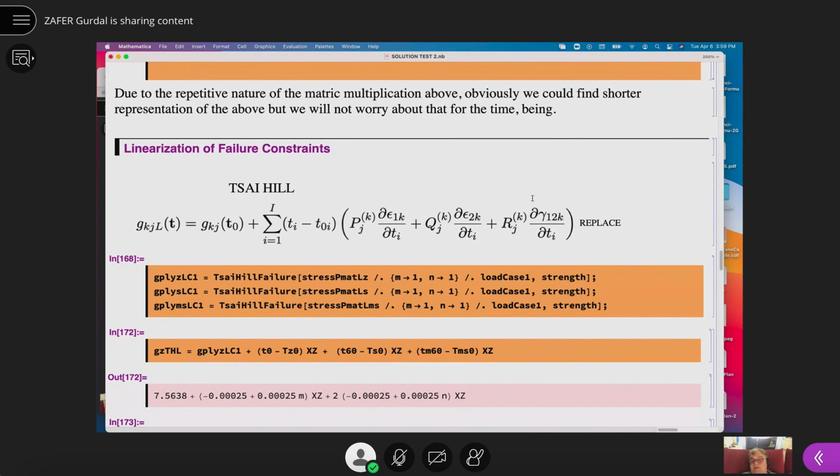All these three things are going to be merged into one, so there's only one of these. That's why I said XC, XC, and XC. And XC is the derivative of the Psi-Hill constraint with respect to a change in the 0 degree ply.